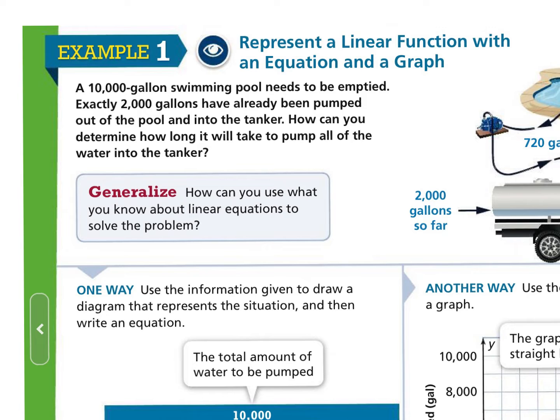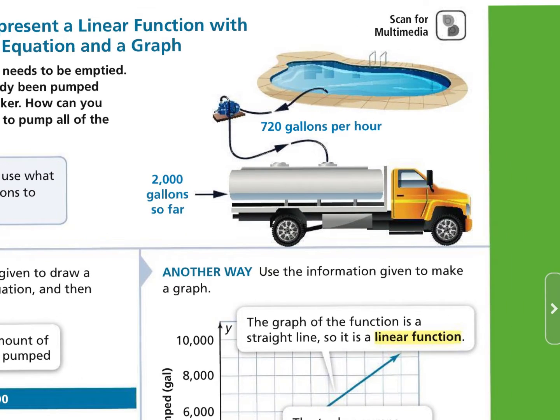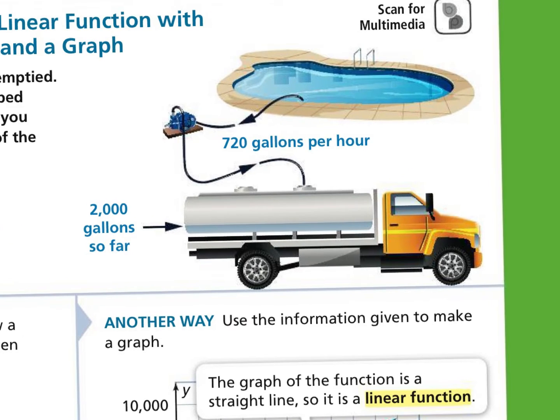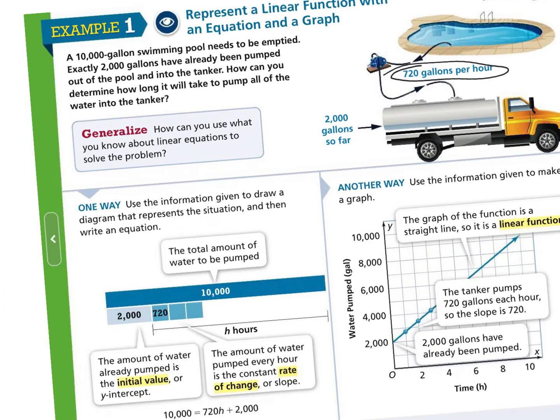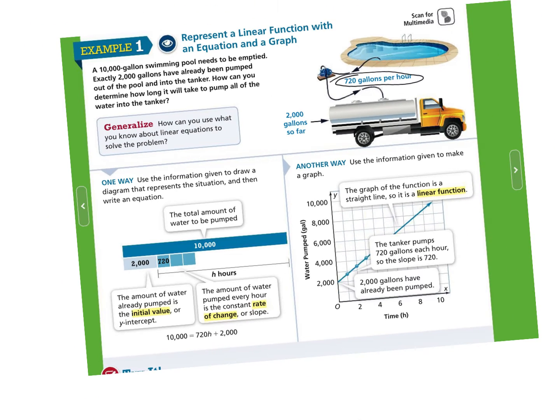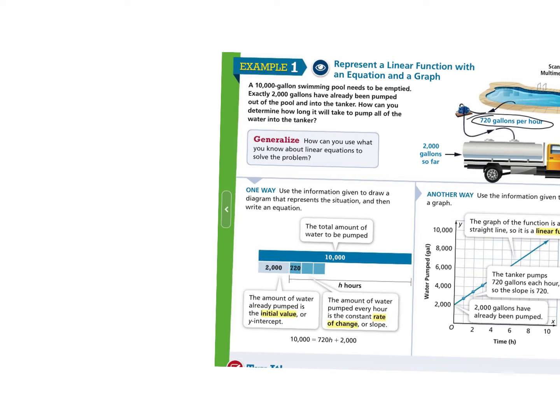So you can see from the picture here, they already told us 2,000 gallons have already been pumped in, and from the picture it tells us 720 gallons per hour are being pumped in. So with that information, we could come up with an equation for how much has been pumped into this thing.